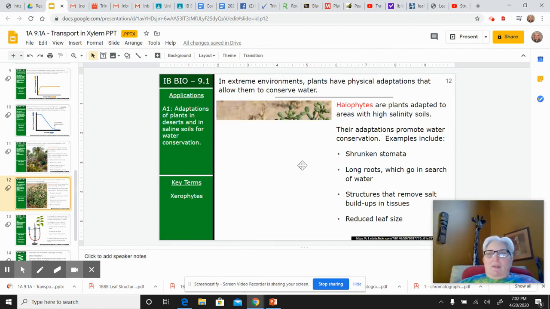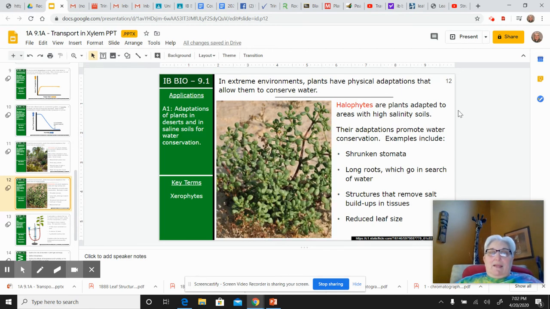Now, the other extreme that we'll see sometimes are what we call halophytes, or plants that can tolerate high saline soil, so lots of salt. These are salt lovers. And consequently, their adaptations are going to have, again, smaller stomata. That's what the salt is going to do.